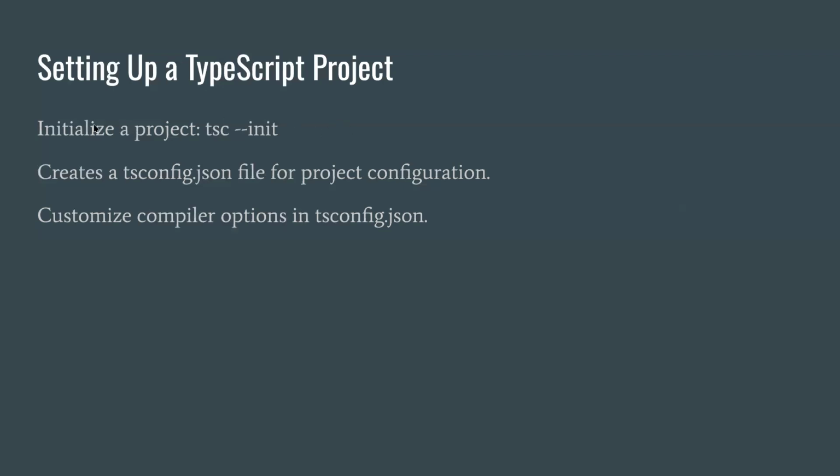And what this does is this command creates a tsconfig.json file in your project directory. And this tsconfig.json file configures your project's settings. This is really important because the tsconfig.json file tells the TypeScript compiler how to process the TypeScript code.